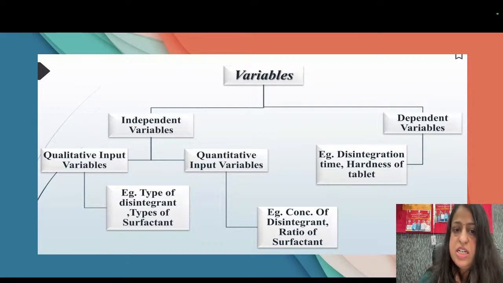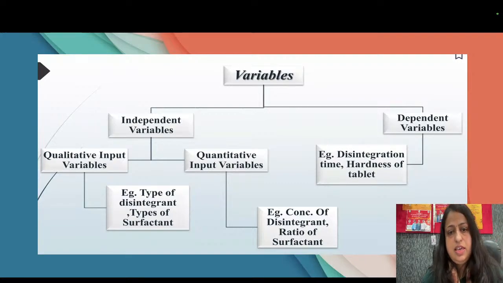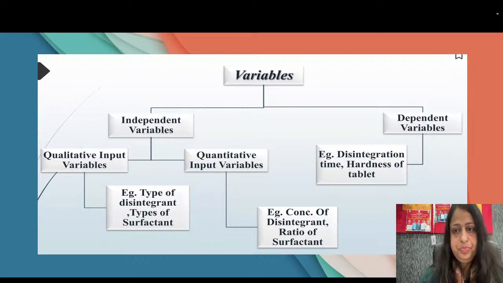Then in quantitative, where we are keeping the quantity of that variable, so concentration of disintegrant or ratio of surfactant, ratio of drug and polymer, ratio of drug and phospholipid, we can take here as a quantity.